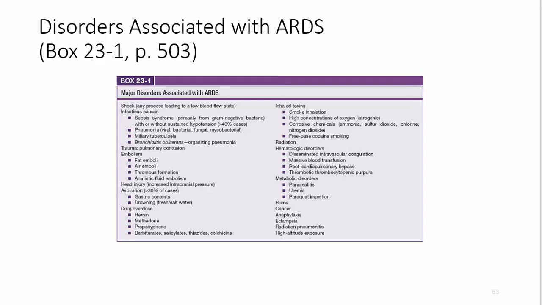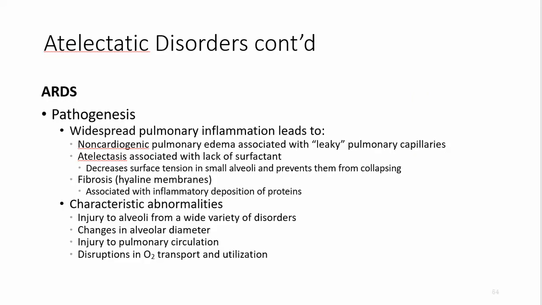High altitude, so there's not enough partial pressure of oxygen, can trigger this. So what you get is this pulmonary inflammation throughout the entire lungs, and so you get these leaky pulmonary capillaries, and the fluid builds up.